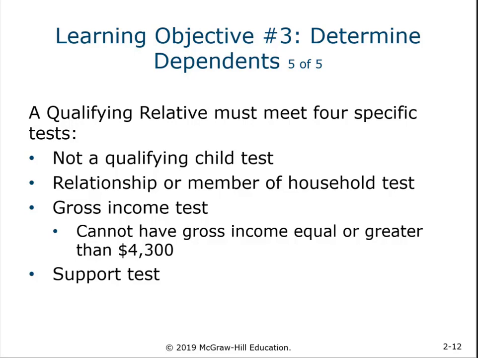And then they would no longer qualify as a qualifying relative and therefore as a dependent. And the support test is a little stricter in that you must show that you provide half of the support.